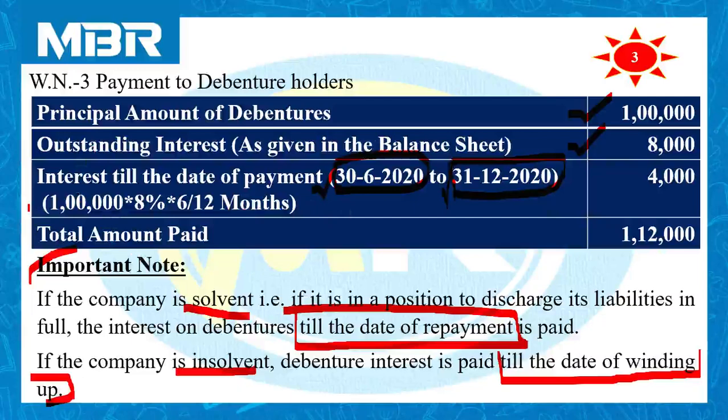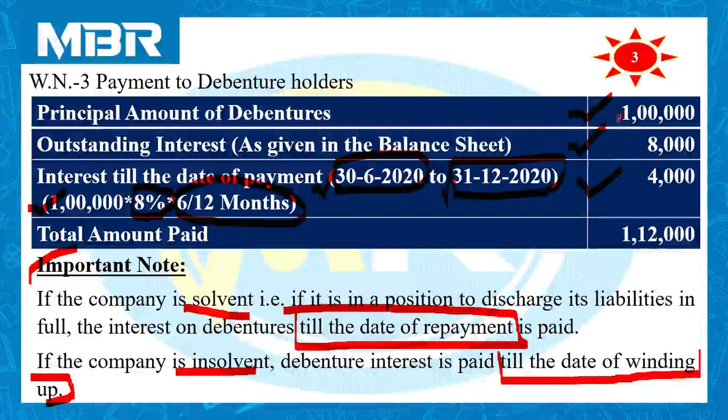Calculate additional interest. Principal amount 1 lakh. The rate of interest on the debenture is given on the liability side of the balance sheet, 8%. And the additional period involved is 6 months. So 1 lakh multiplied by 8% multiplied by 6 by 12. So the additional interest payable to the debenture holders till the date of payment is rupees 4,000.